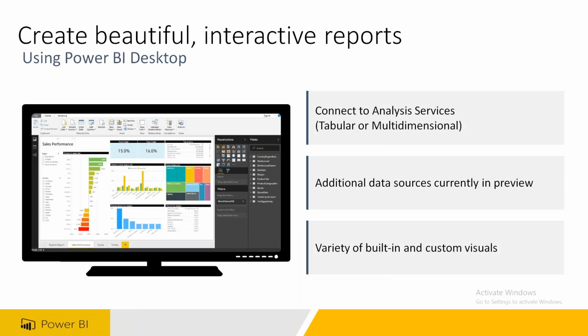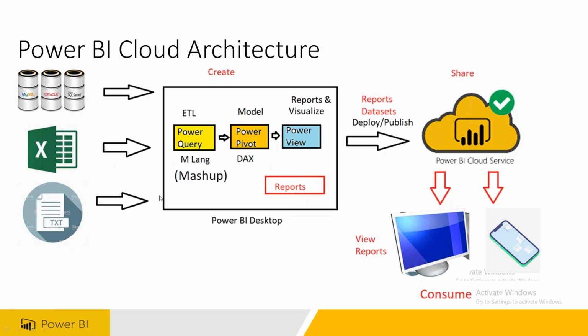And after that, you should be able to also save the report, right? So we understood what is a Power Query, we understood what is a Power Pivot, we understood what is a Power View, and using these three components, how can we get that data and create a beautiful report?